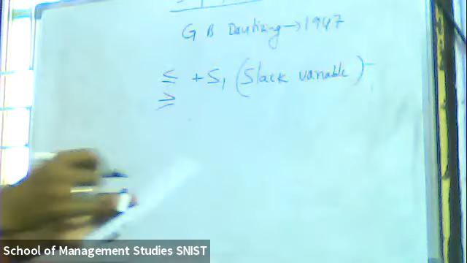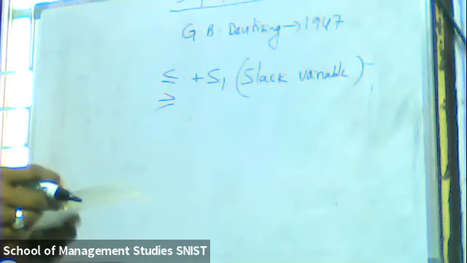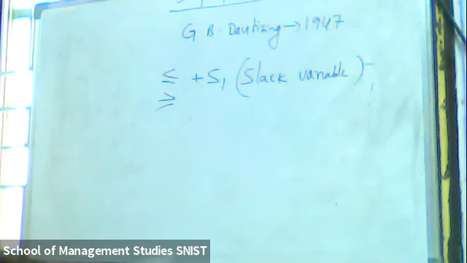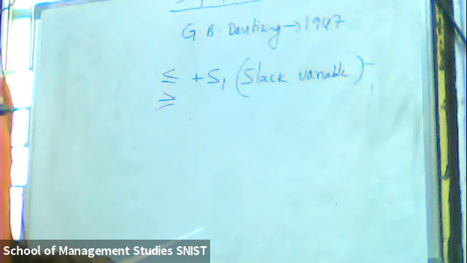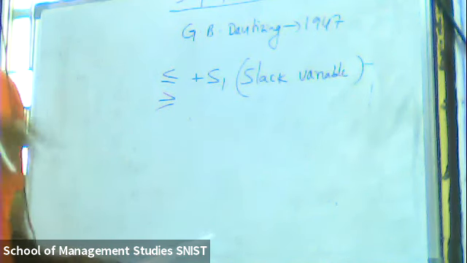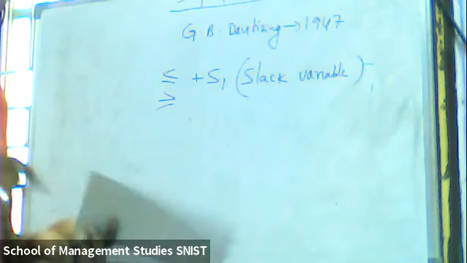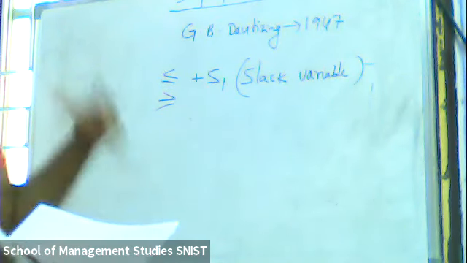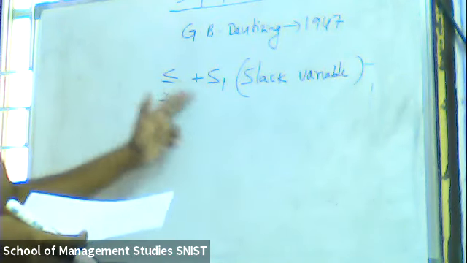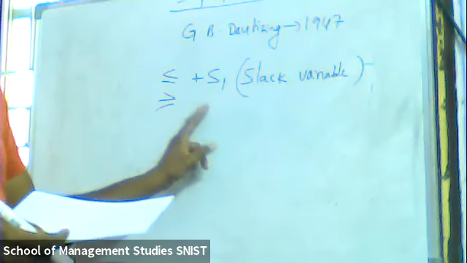What is the slack variable? It is the amount of unused resources, like raw materials, labor and money. To make the inequality an equality, we add the slack variable, represented with plus S1.